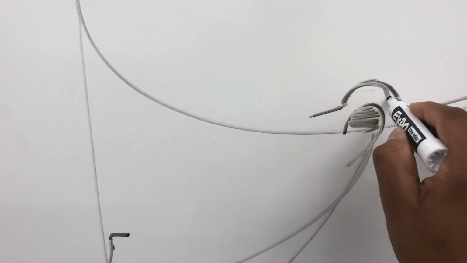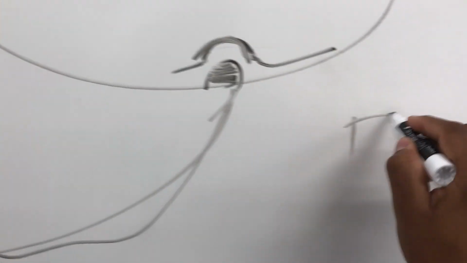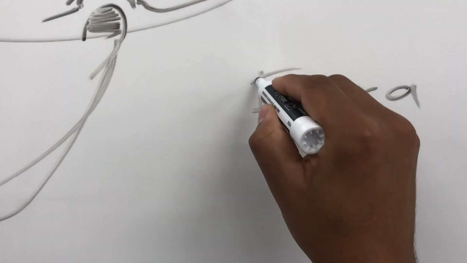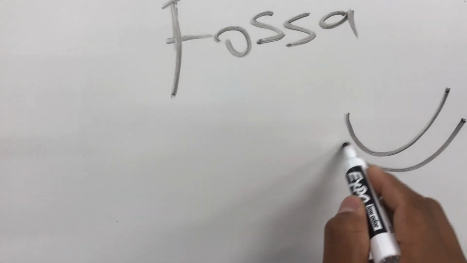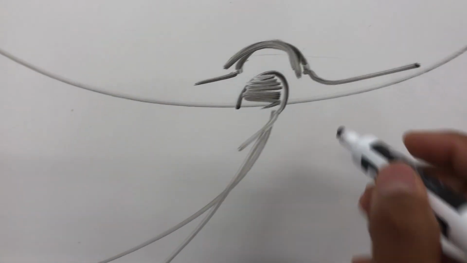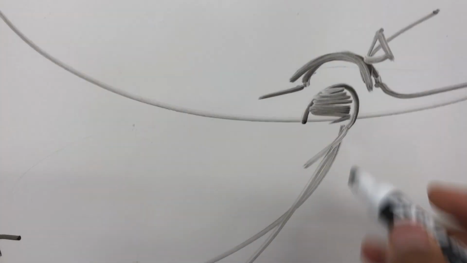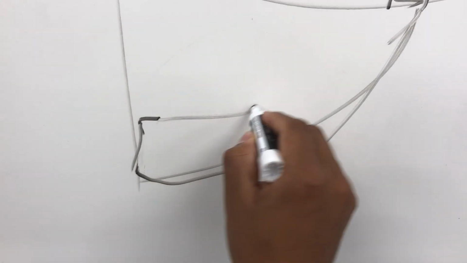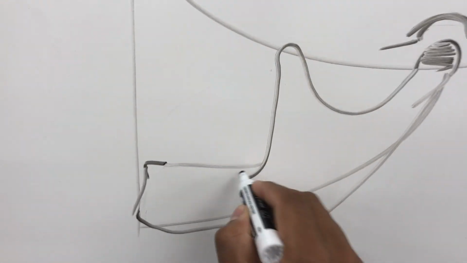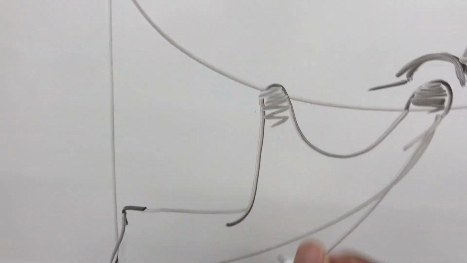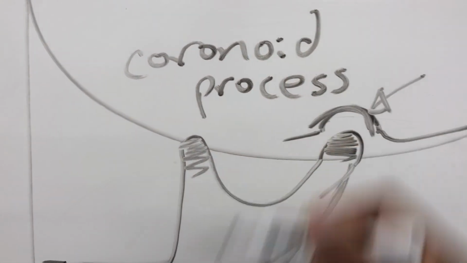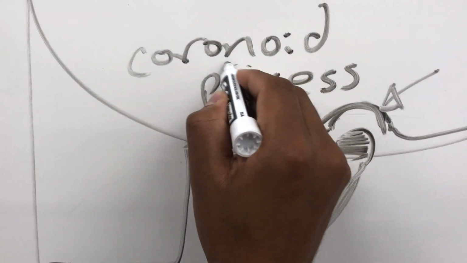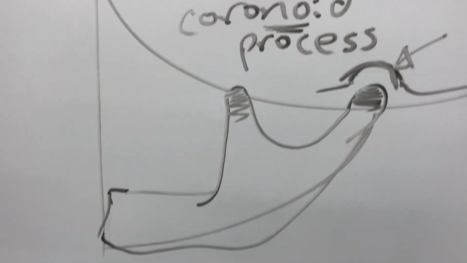This over here is the mandibular fossa. Remember that fossa is just a little cave in where you have a bone. That's your fossa right here. So this is your mandible, and this area right here is your coronoid process. Now the way to remember coronoid process is that you say no with your mandible.